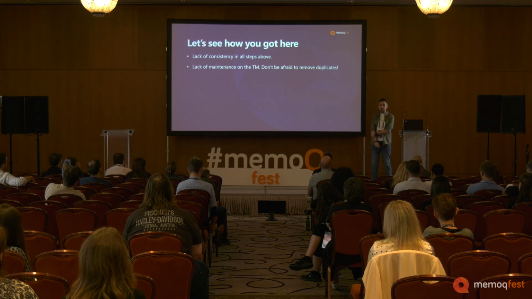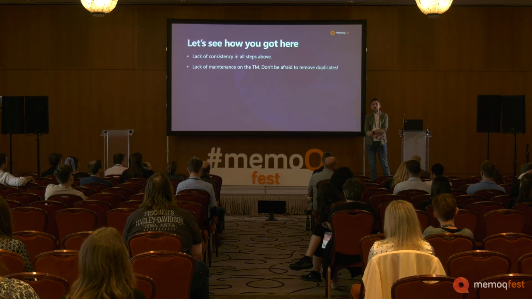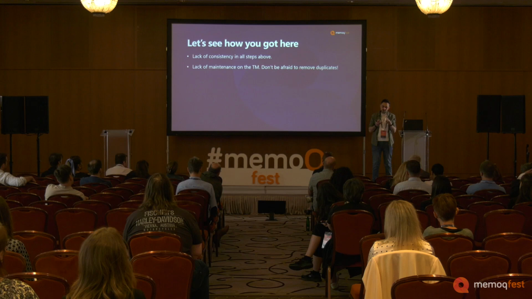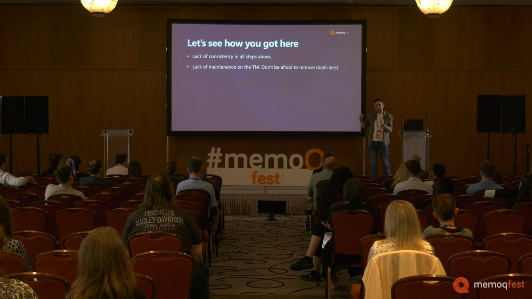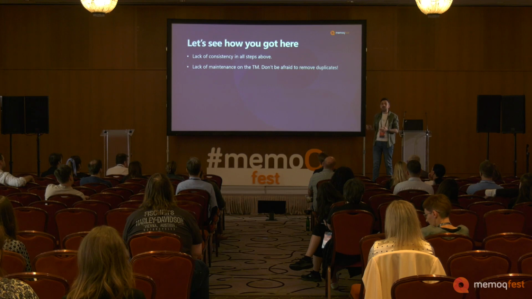Don't be afraid to remove duplicates. If I have a huge TM, and I know there are so many problems in it, I remove duplicates ignoring white spaces, ignoring tags, ignoring end punctuation, ignoring everything. So I choose to have more 99% matches than to have a lot of duplicates. So remove them.